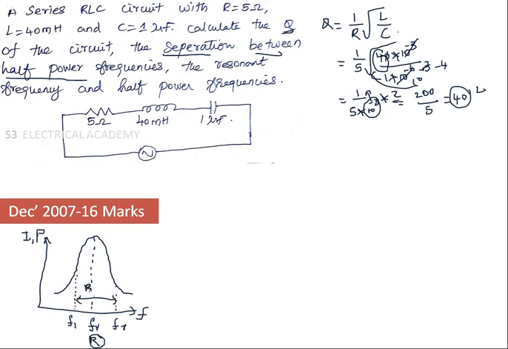What is the name of this? Bandwidth. So the separation of half power frequencies is nothing but bandwidth. So the second term they ask us to find is the bandwidth. Bandwidth is equal to R by 2 pi L. R value is 5 ohm, L value is 40 millihenry, 40 into 10 power minus 3.